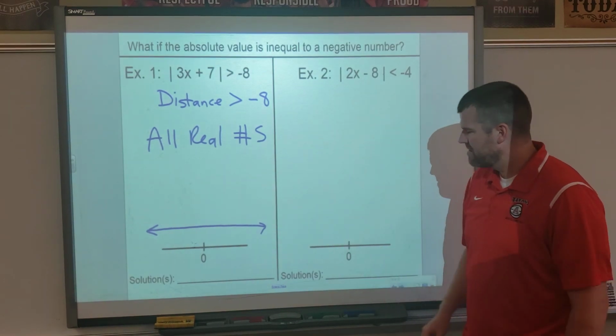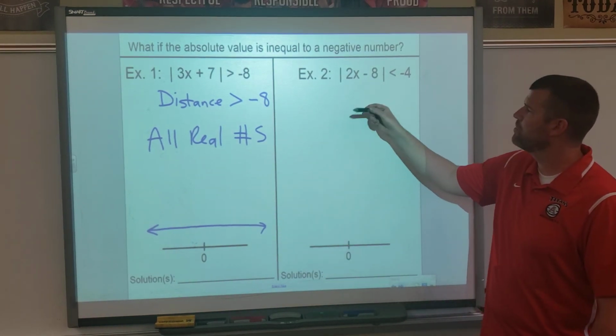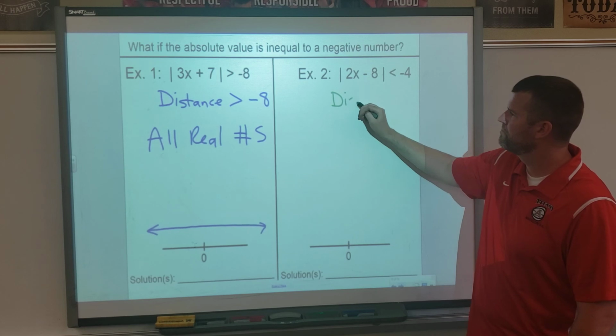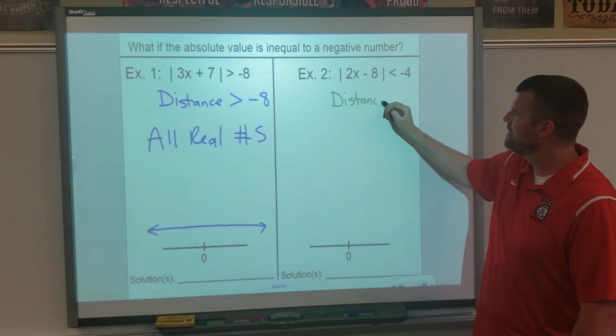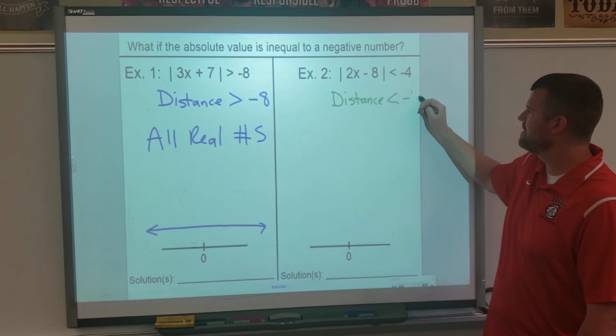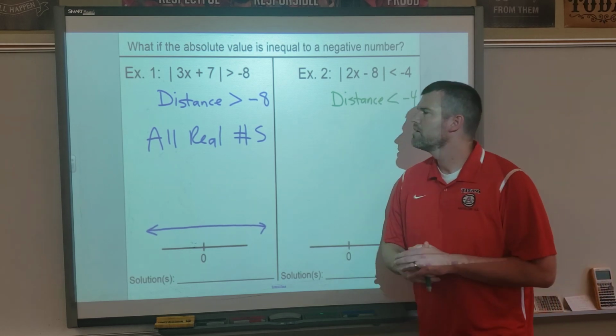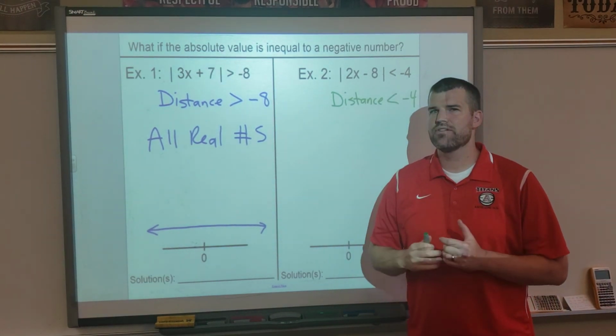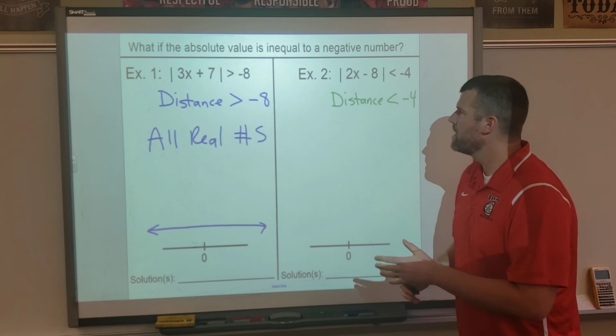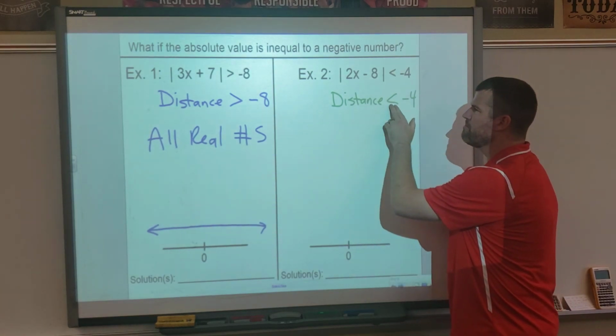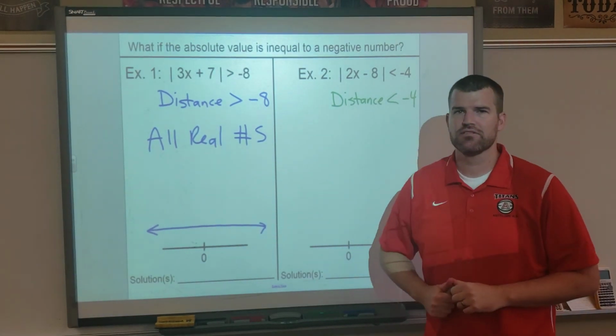Now this one says that our absolute value, or our distance, is less than -4. Okay, so a reminder, distance is always positive. When will our positive be smaller than a -4?